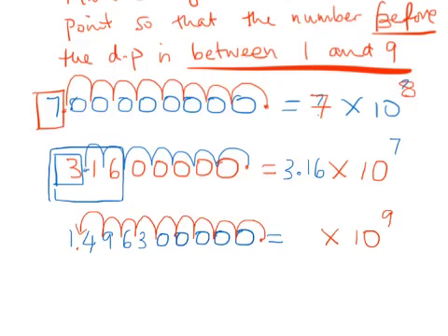The decimal point there, it would be 1.4963. Oops, that should say 63 there. 1.4963. Okay, so that's quite straightforward. That's converting large numbers to standard form.